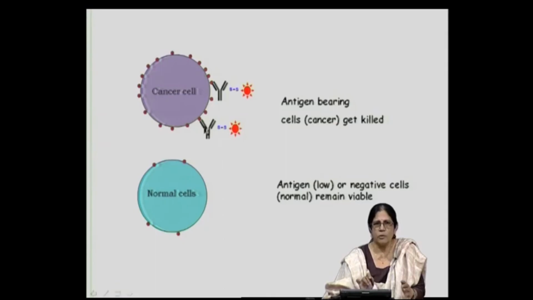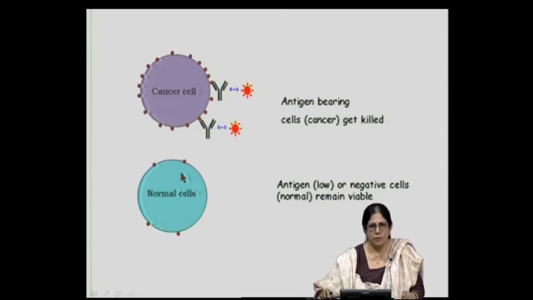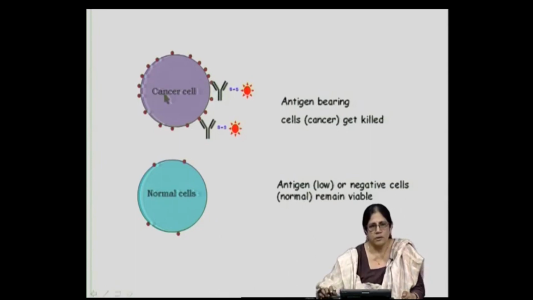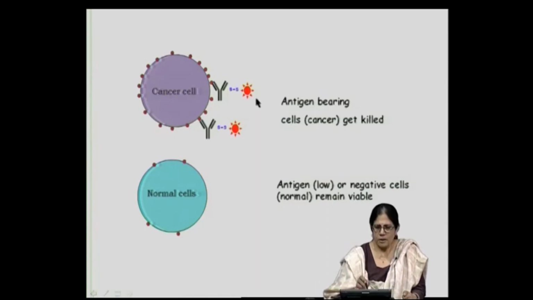Now, I will of course talk about a little bit of details about this. This is too simplified, but in any case we have shown that it does not kill normal cells, that means it does not get entry. Now, the question will be, will all tumor specific antigens upon binding to the antibody bring about internalization of the toxin, because of course the A chain has to be taken in.